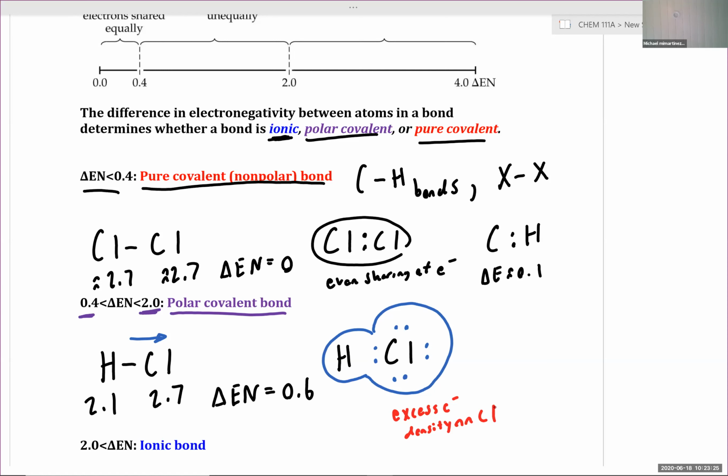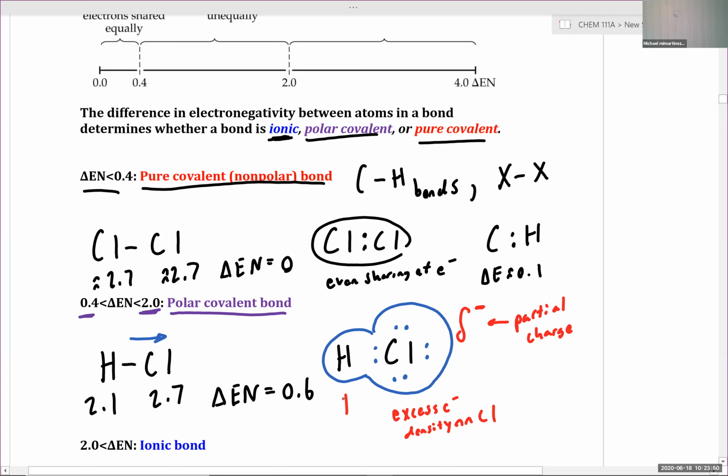Positive or negative? Negative, exactly. So we don't generate a full charge, but we generate what's known as a partial charge. This delta is signifying a partial charge because the chlorine has a little bit more electron density than usual.